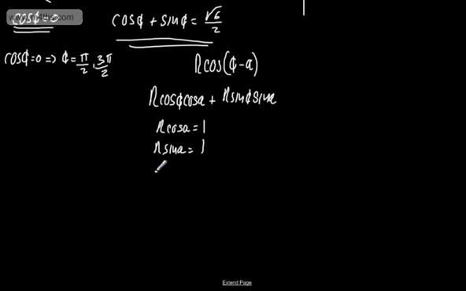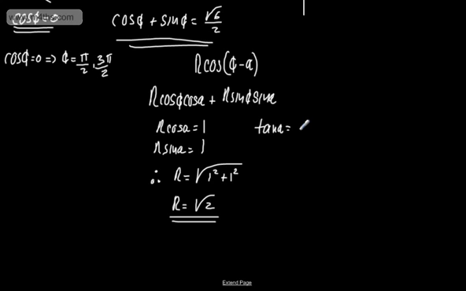Finding our value of r, r is the square root of 1 squared plus 1 squared, so r is equal to root 2. To find alpha, we divide r sine alpha by r cos alpha, which gives tan alpha equal to 1 over 1, which is 1. Therefore alpha, an acute angle, is pi by 4.